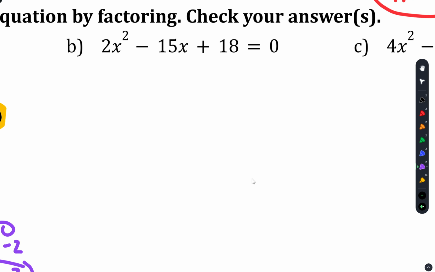Look at letter B. Do we have a GCF? No. I don't see a GCF here. So when I factor, here's a little factoring review. I pick out factors of 2x squared, which there's only one pair of factors. It's 2x times x. And then what about for 18?